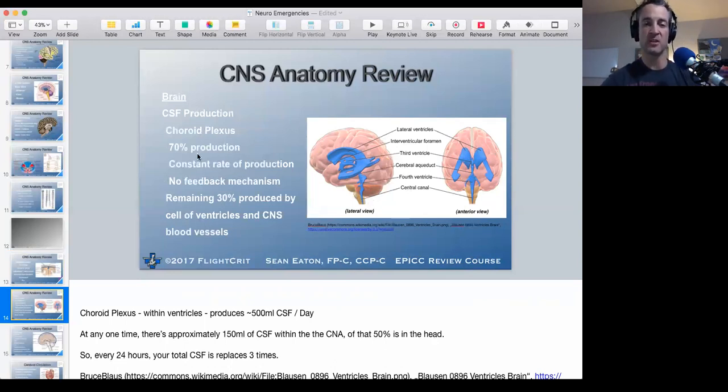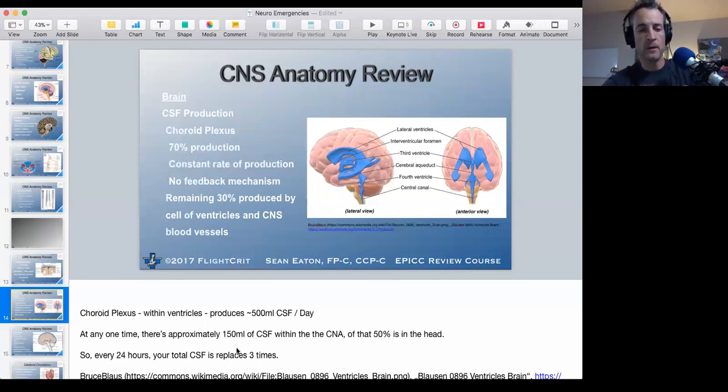70% of your CSF is produced in the choroid plexus, and then the remaining 30% is produced elsewhere in the CNS, in cells of the ventricles down here in the 3rd and 4th ventricle, as well as in the blood vessels. The thing to note about this is, a couple things.